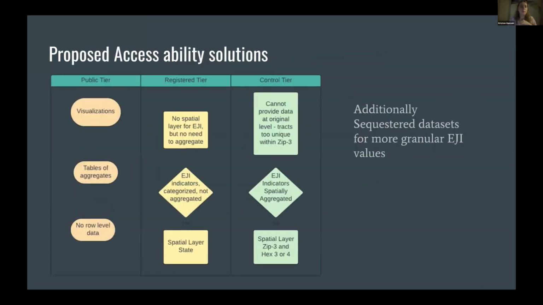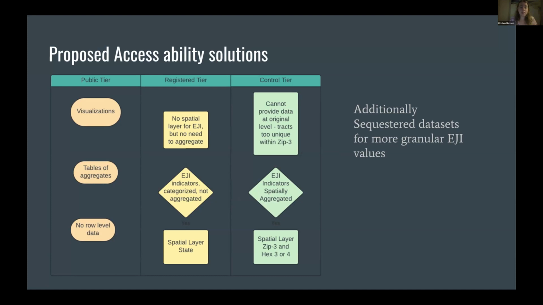So the proposed access solutions: there are 3 different tiers. There's the public tier, of course, that would just be making pretty maps and the like. But then there's the registered tier and the control tier. In the registered tier, there's no spatial information, so we are not allowed to include spatial information, so we don't need to aggregate up in space for EJI. However, because the census tracts are unique when you include all the EJI variables, you have to do a couple things.